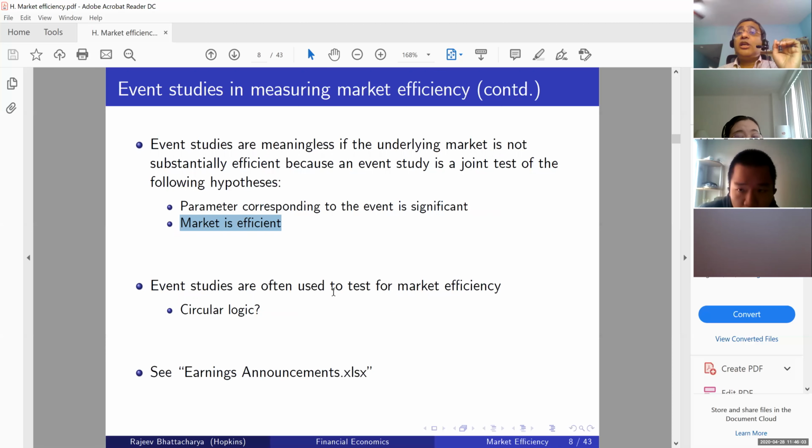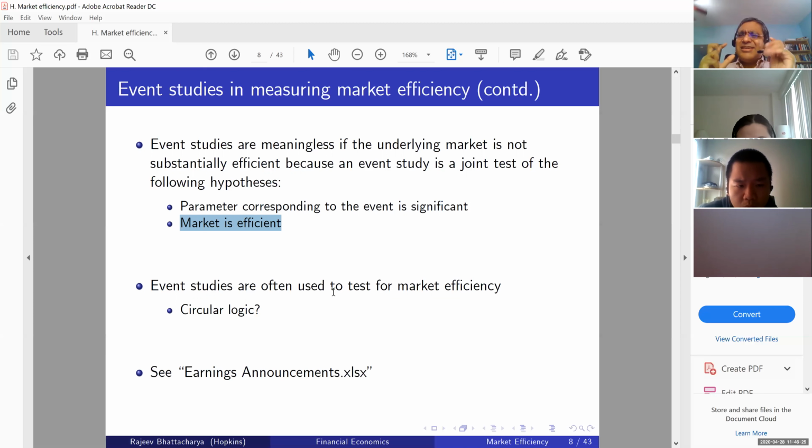So in particular, if you find that a particular parameter is significant, that could be because that particular event is indeed significant, or it could be that the market is inefficient. In order for you to conclude that a particular event is indeed significant, the underlying assumption is that the market is efficient.